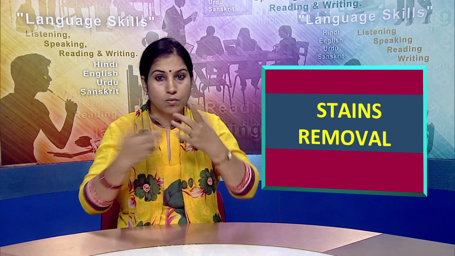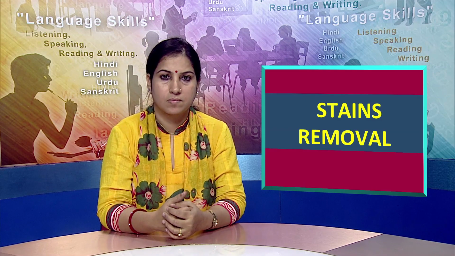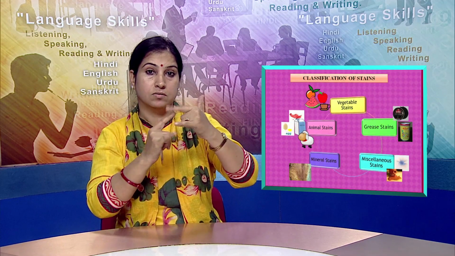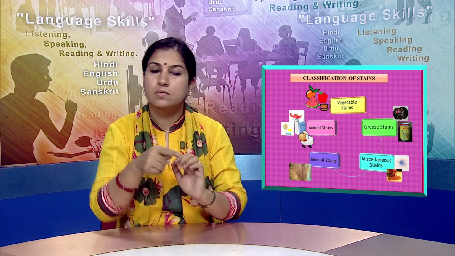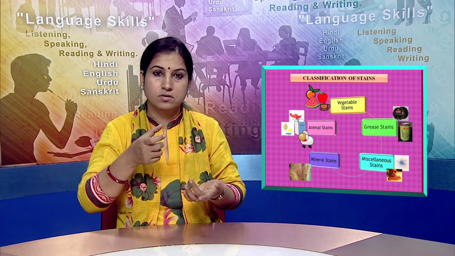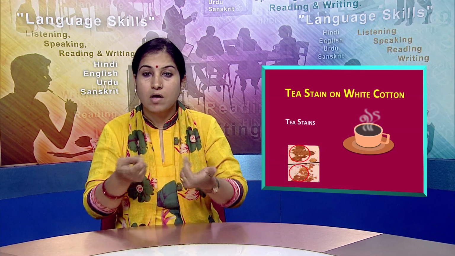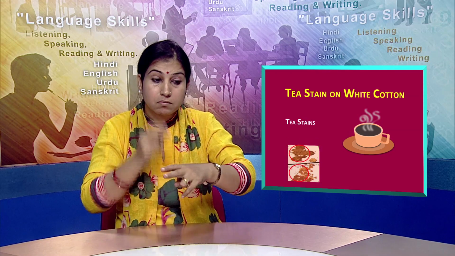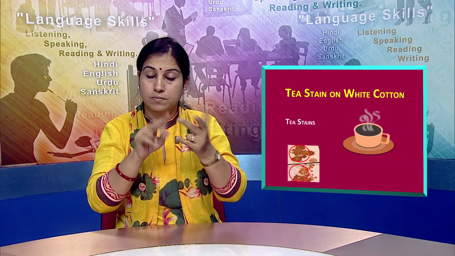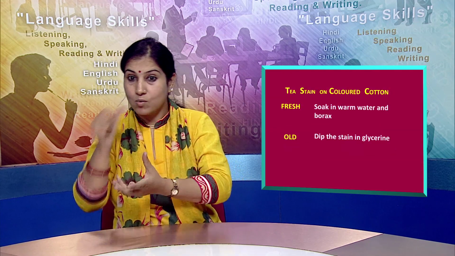Now we will discuss category wise stain and their remover technique. First category is vegetable stain, that is tea, coffee, chocolate. In case of white cotton clothes, if the stain is fresh, then stain removal technique will include pouring boiling water on the stain.